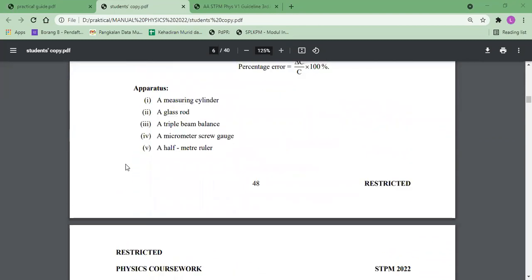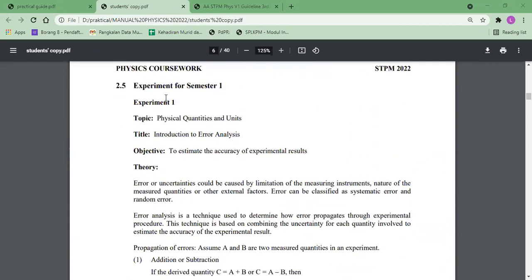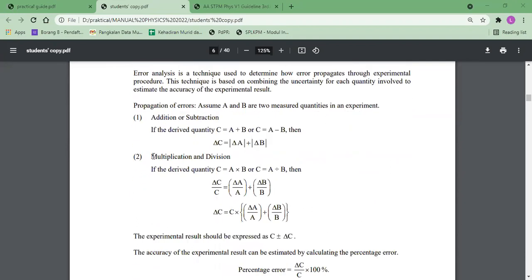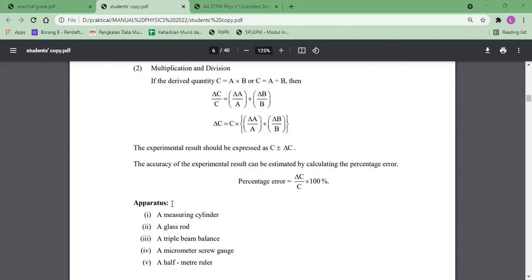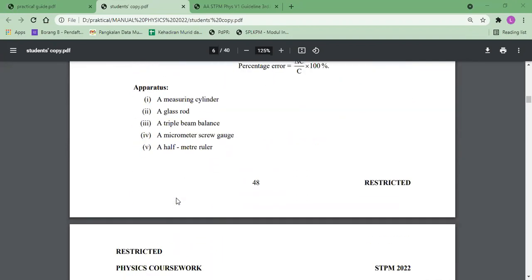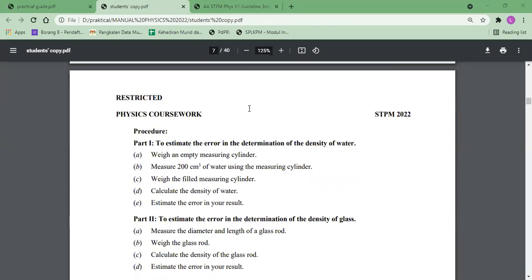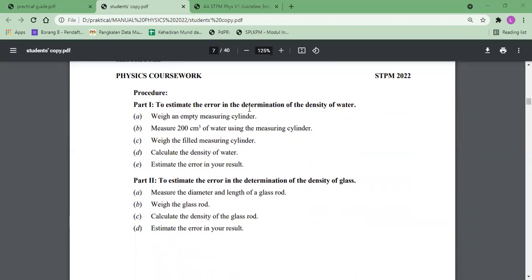Ladies and gentlemen, from the experiment, topic, title, objective, theory, apparatus, you copy secara bulat-bulat. So salin bulat-bulat sahaja. After that, the procedure, you need to do something. Here the procedure has part one, part two.